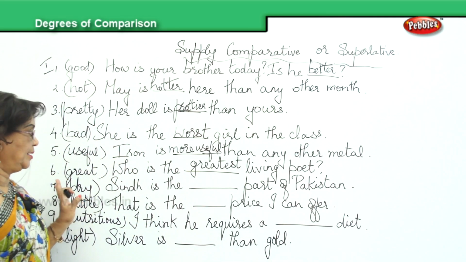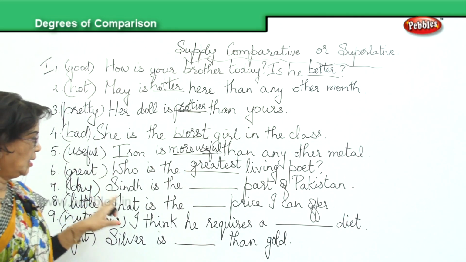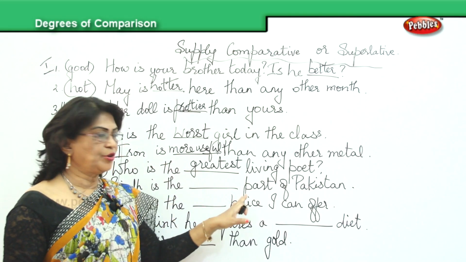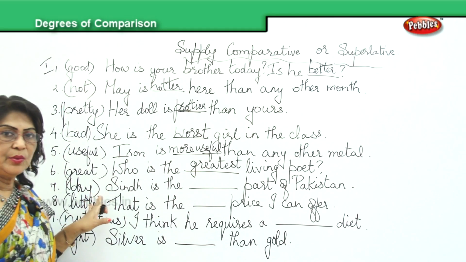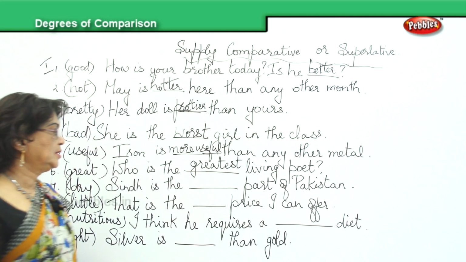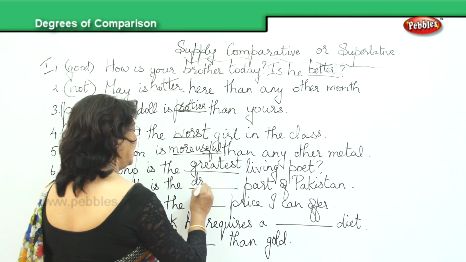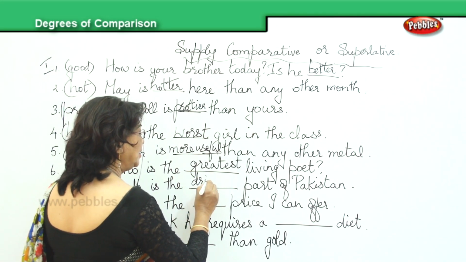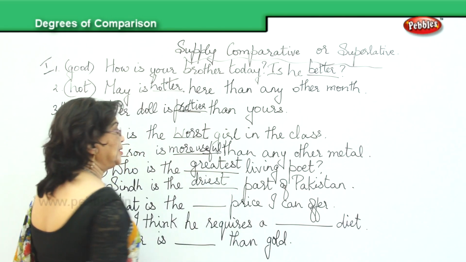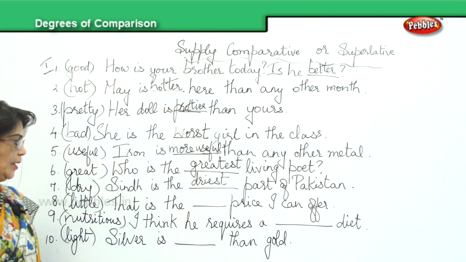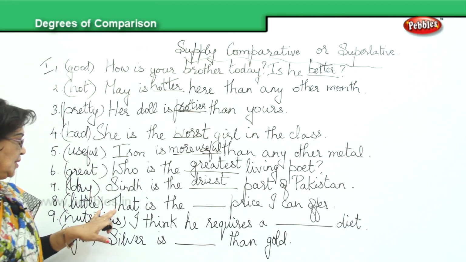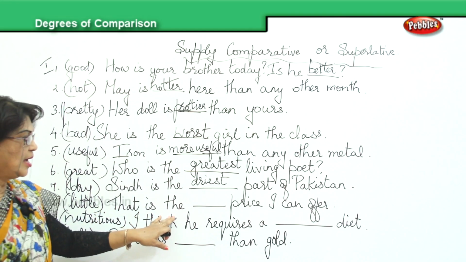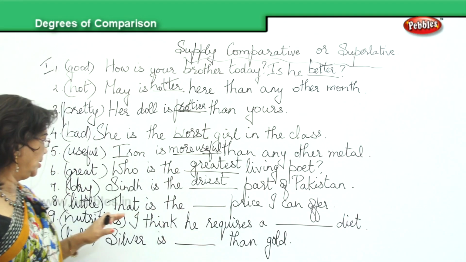Next one, dry. Sindh is the dash part of Pakistan. Again, the and the word is dry. Driest, Y becomes I-E-S-T. Driest part of Pakistan. Little. That is the dash price I can offer.